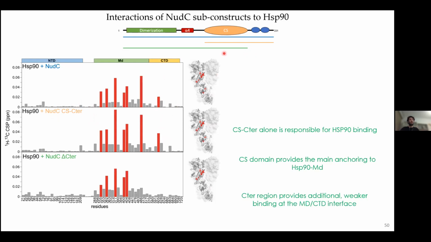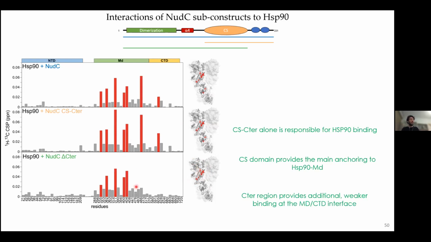We also did an extra experiment in which we used a fragment of Hsp90 that just misses those two C-terminal alpha helices. And what we observe in that case is that we still have perturbation, we still have binding between Nazi and Hsp90. However, we do not have the exact same pattern. We still have a very strong effect on those residues that are located around the alpha-2. So that really confirms that the binding we observe in the full-length binding is the binding of the CS domain to Hsp90, and that this CS domain is enough to create a strong binding to Hsp90.